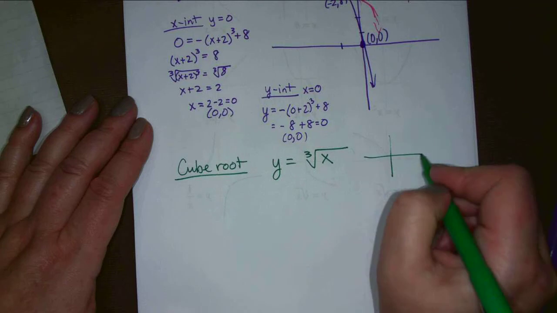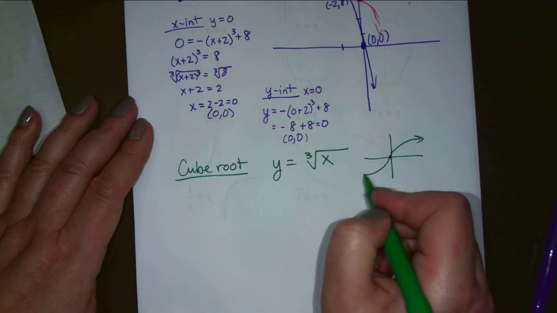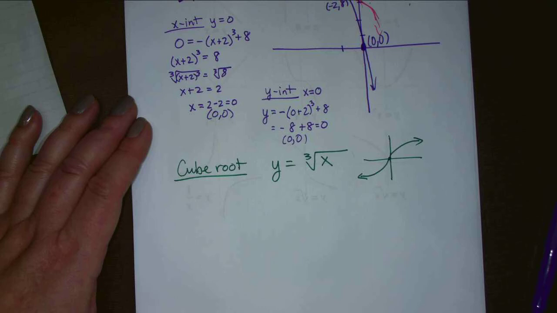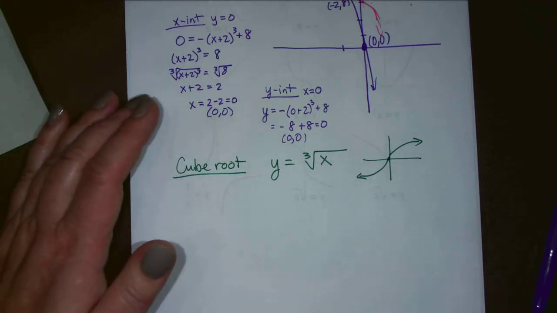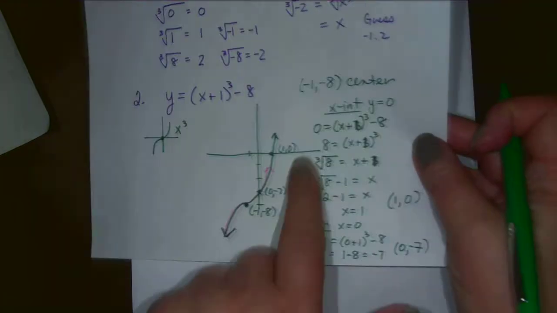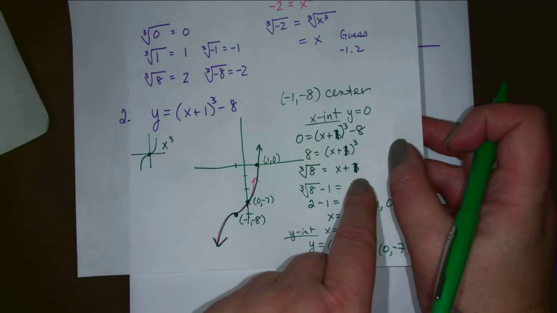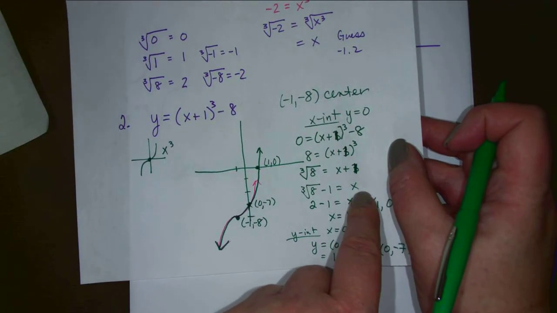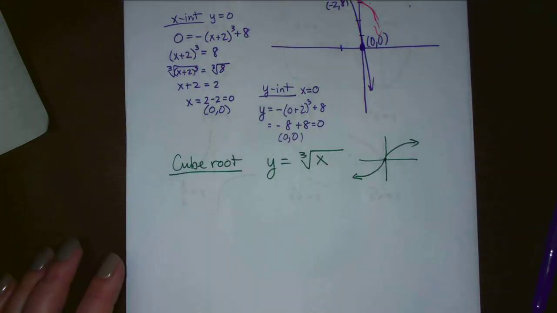So our center, half a parabola on its side, and then half a parabola. There we go. And when we're solving it with the cube, we took the cube root of both sides. Now we're going to have a cube root, so what do we do to both sides? Cube it instead. So the number gets bigger rather than smaller.